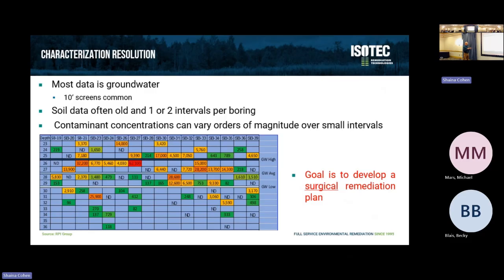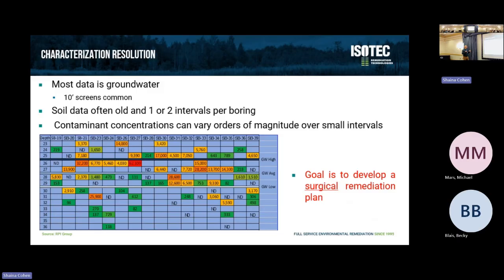So if we take that layered analogy and then go into some actual data, one of the things that our industry relies on very heavily are monitoring wells. They are relatively easy to put in. Many sites already have them. They are where they are. They're the lengths that they have. And they tell us some level of information.